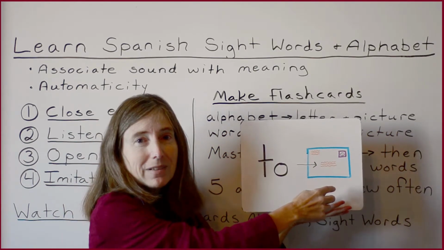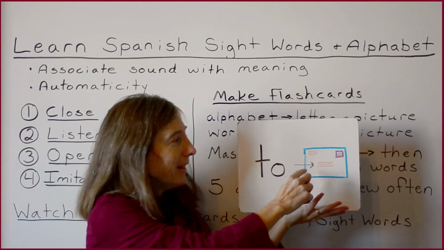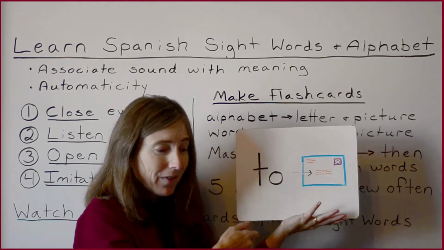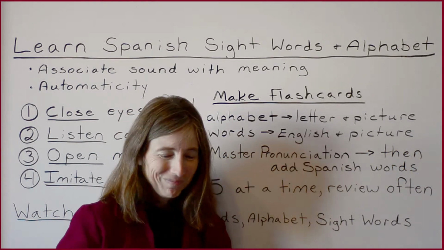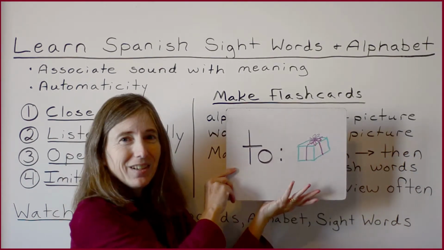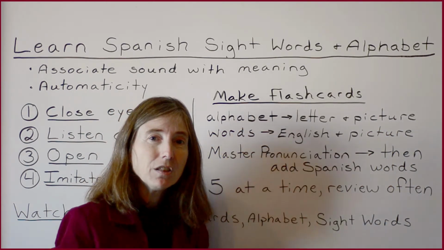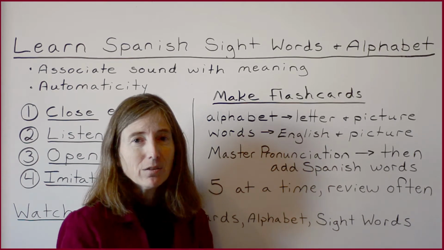So I drew a picture of an envelope, and I drew an arrow pointing to the "to" address on the envelope. Another thing you could do for two, I drew a picture of a gift, okay? So whatever makes sense to you for the word or the letter that you're learning.